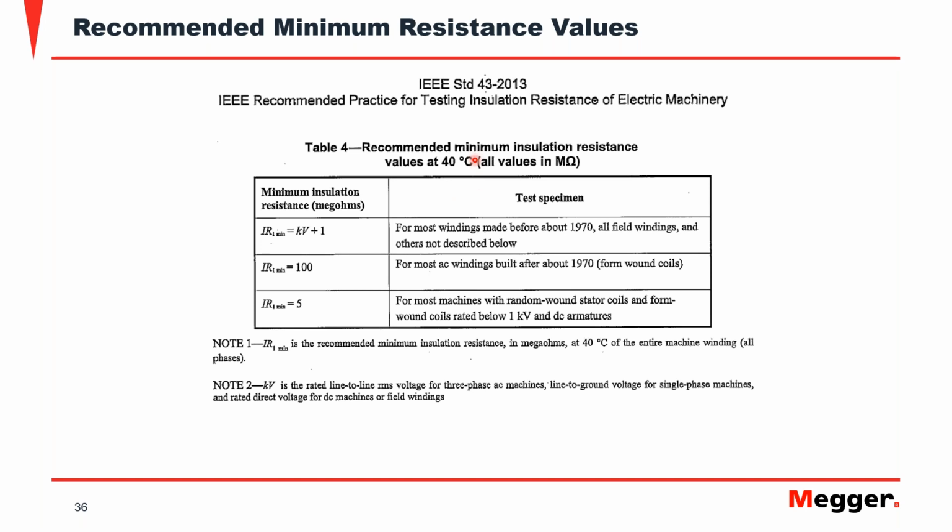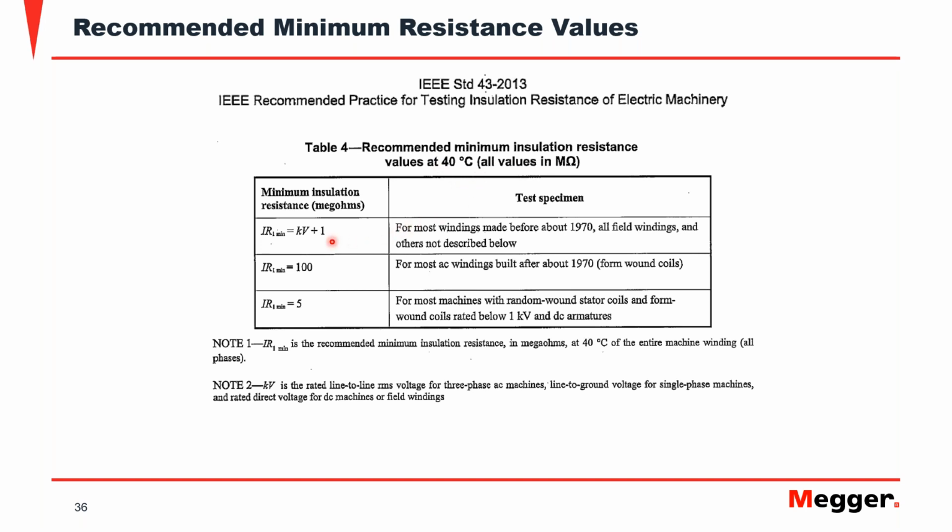So you are supposed to compare the values of resistance after you have corrected them to a standard value, 40 degrees C. And the standard tells you the minimum recommended values of insulation resistance at 40 degrees C. You can find them in the standard.